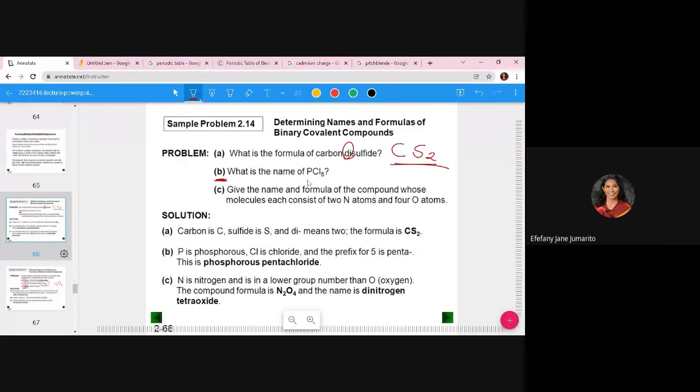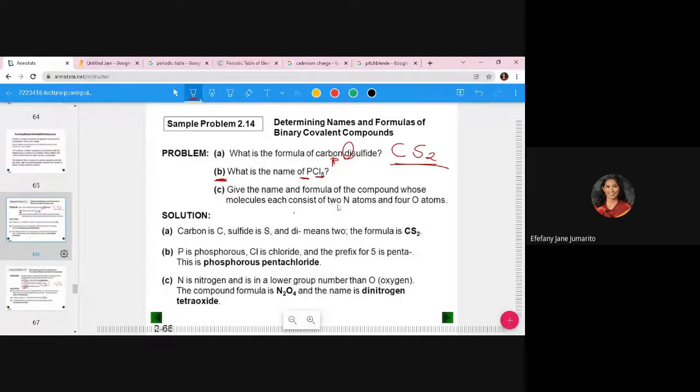Kani B, what is the name for this? Letter B. P. Phosphorus. 5 ka Cl. Pentachloride. Okay. The name of the components will consist of 2N.